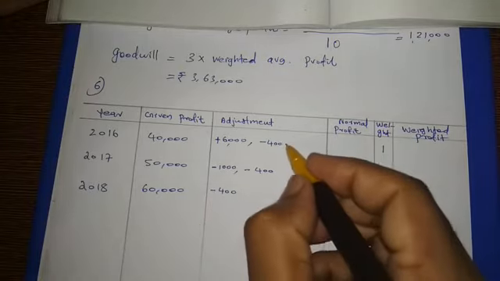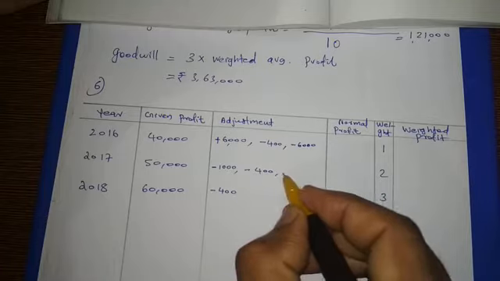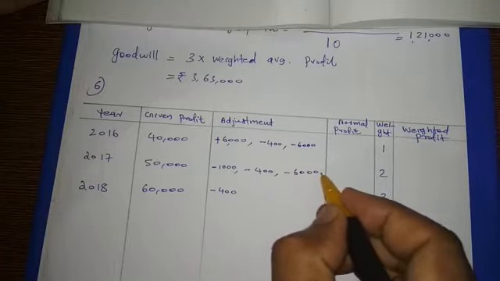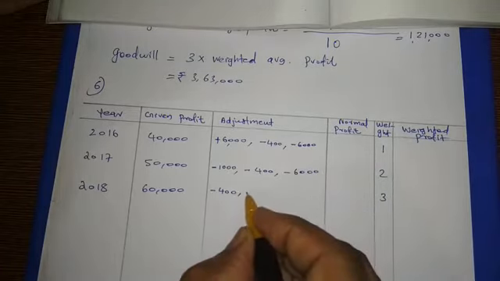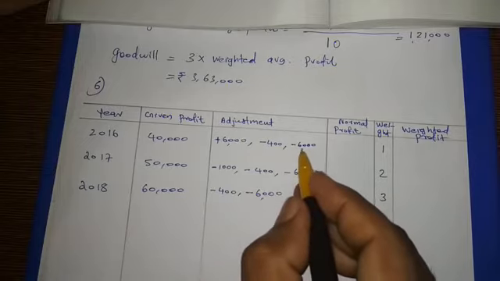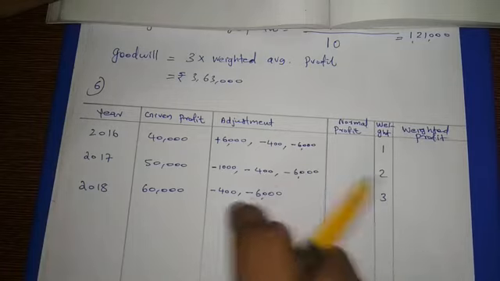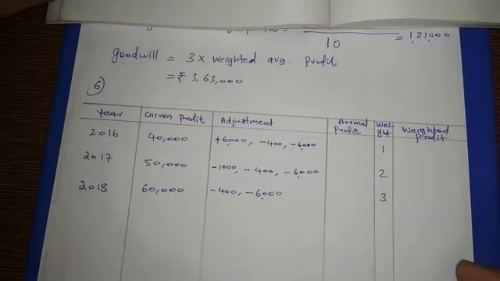That is why this 6,000 also we need to subtract from every year's profit to get the normal profit. Future expected expenses we need to subtract. Do you remember, on the first day itself I told this is a future expected expense, and this 400 is also a future expected expense.